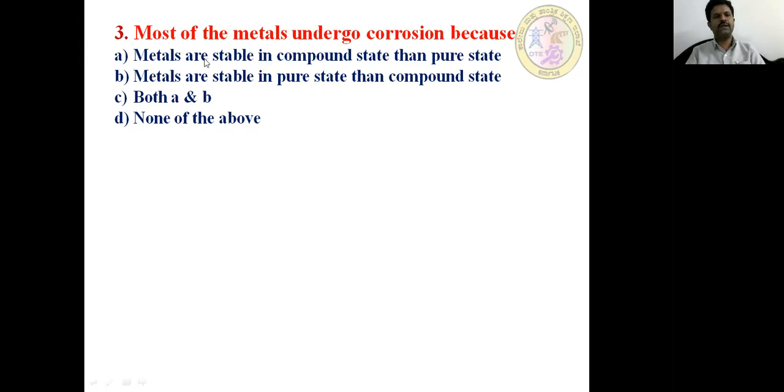That's the reason that pure metal will react with constituents. If the pure metal itself is stable, then it will not react. That will stay like gold and platinum. So the right answer is option A, that is, metals are stable in compound state than pure state.